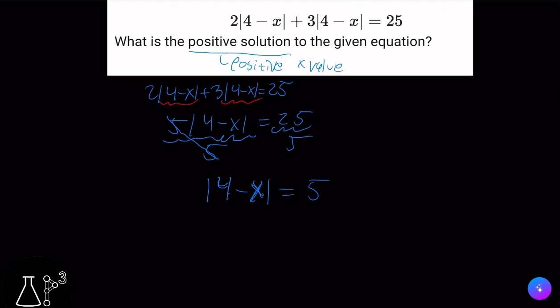So we're left with the absolute value of 4 minus x, which equals 5. Now, before we do anything, what is absolute value? Absolute value is basically any variable or number, and the absolute value makes it a positive number. For example, if I have the absolute value of negative 49, it's going to be positive 49.